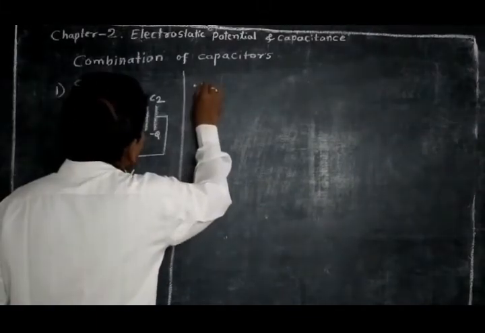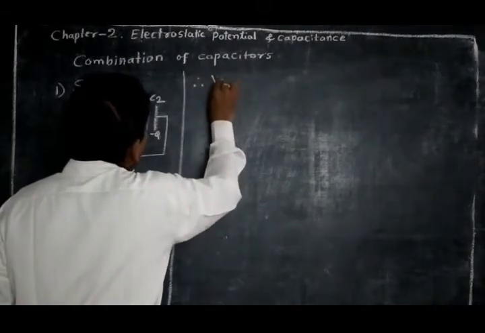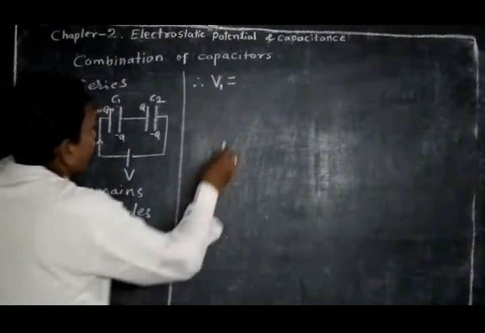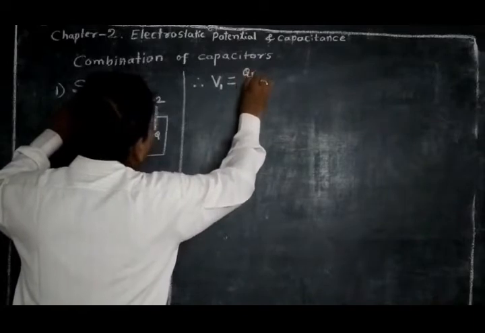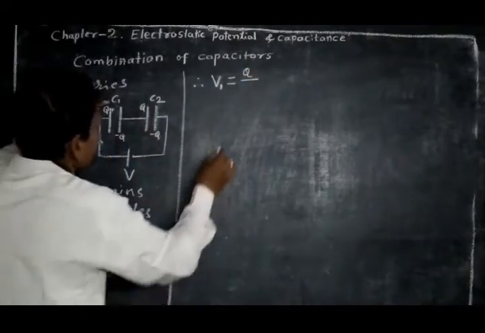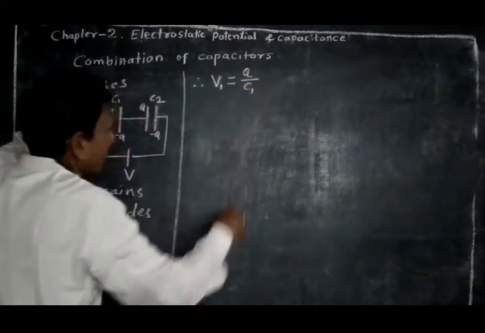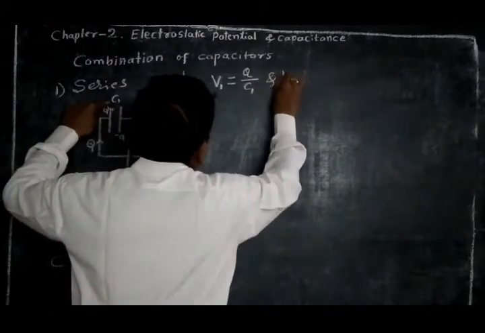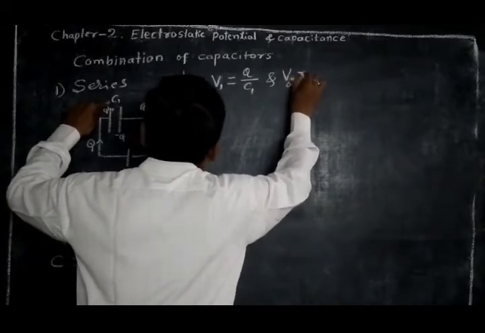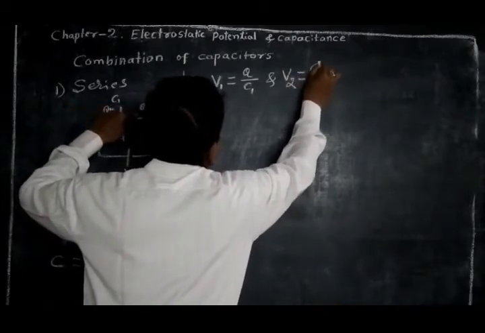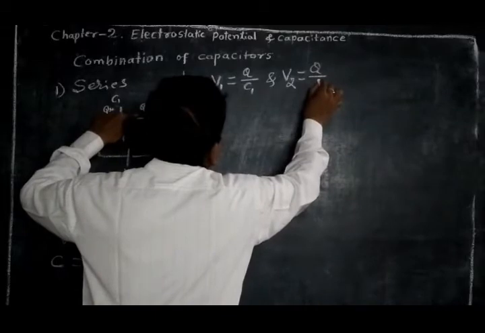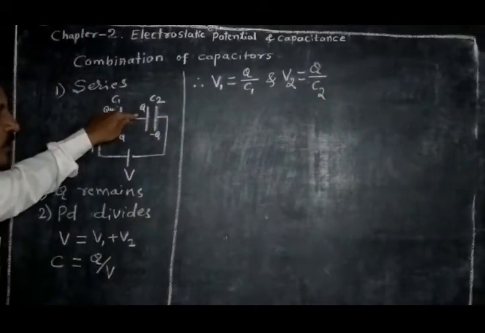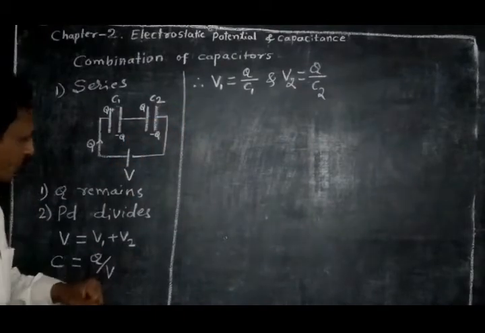Therefore, V1 is equal to the charge on the first capacitor, Q, upon its capacitance C1. Therefore, V1 equal to Q by C1, and V2 is equal to the charge on the second capacitor, the same Q, upon its capacitance C2. Therefore V2 equal to Q by C2.